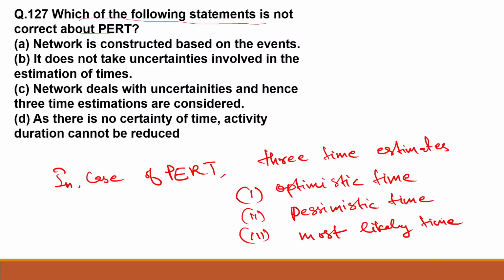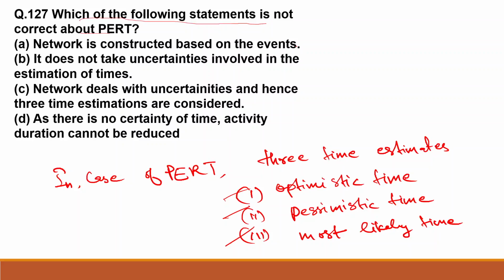These are the three points of PERT: optimistic time, pessimistic time and most likely time. We will go through the points given here.